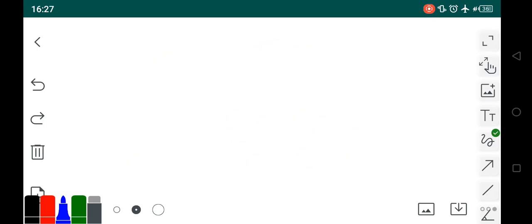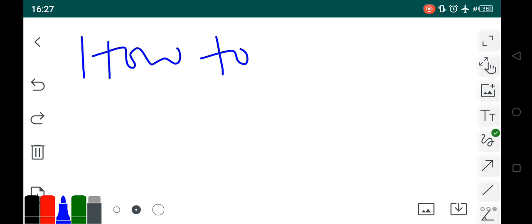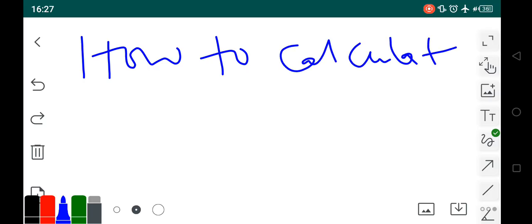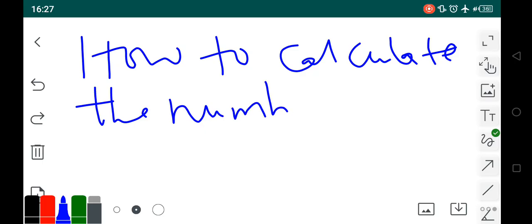So for today, we are going to define what a mole is, and then also look at how to calculate the number of moles.